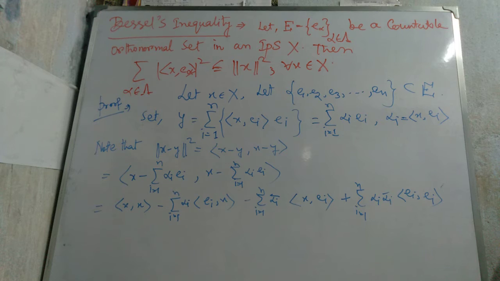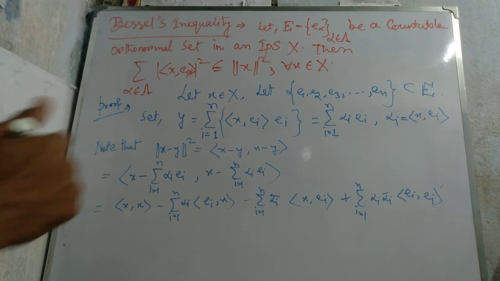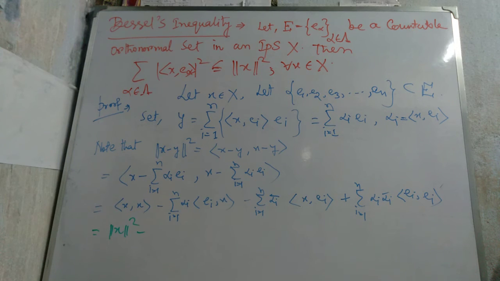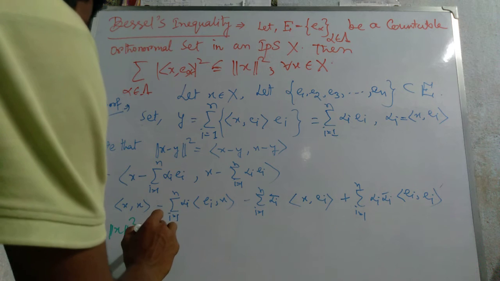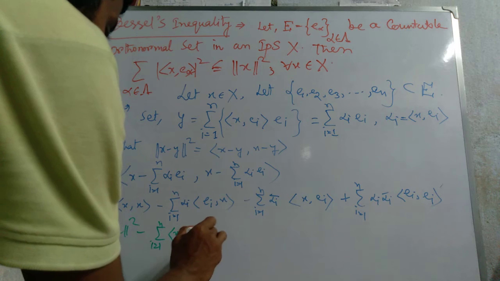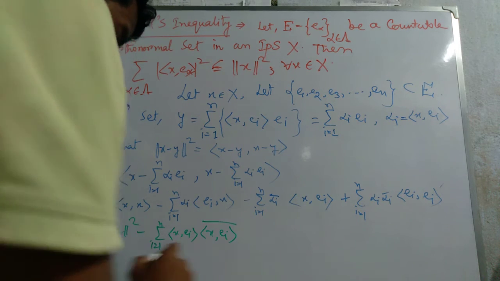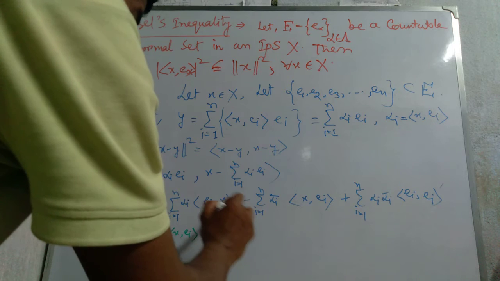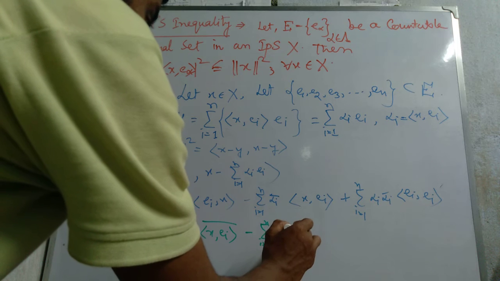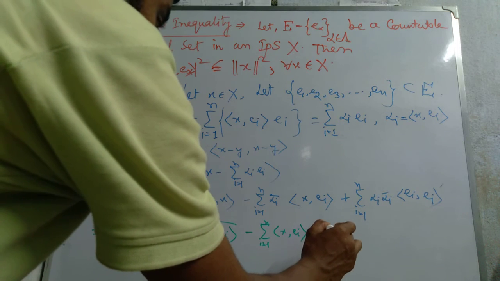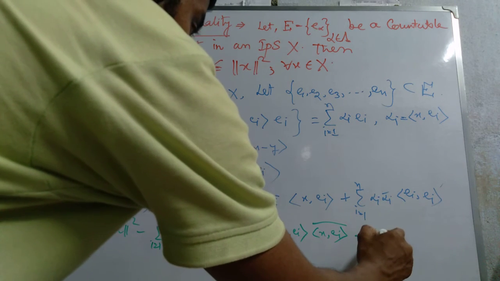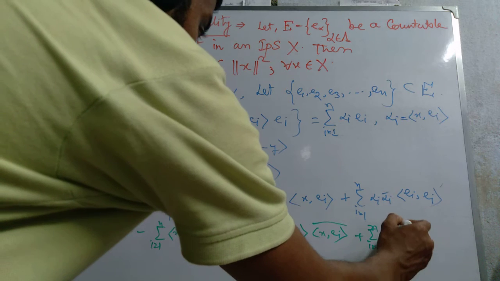Next we proceed further. Then what we get? We get the norm of x squared minus the summation of alpha i, where we put here the inner product of x with Ei, i equal to 1 to n, and its conjugate. Okay, this inner product of Ei with x is equal to this conjugate. Next, summation i equal to 1 to n of the inner product of x with Ei times its conjugate, this one equal to the summation i equal to 1 to n of the norm of alpha i squared.